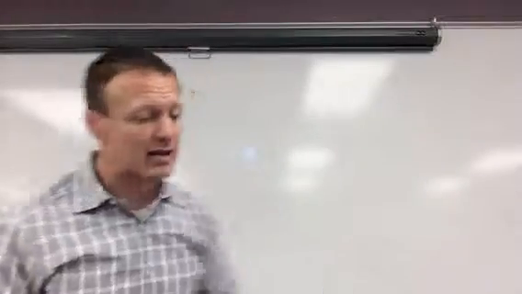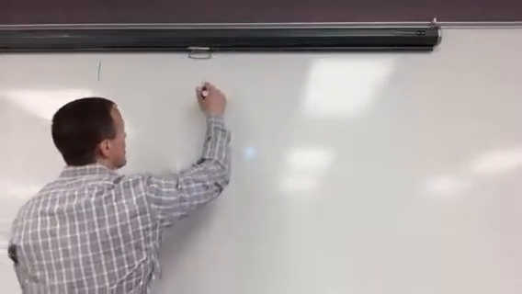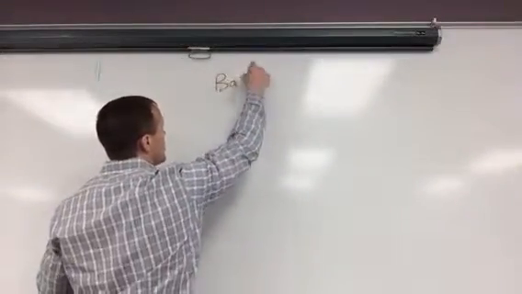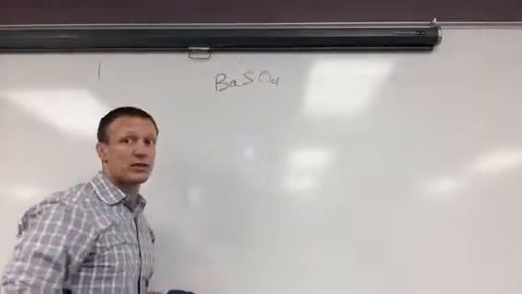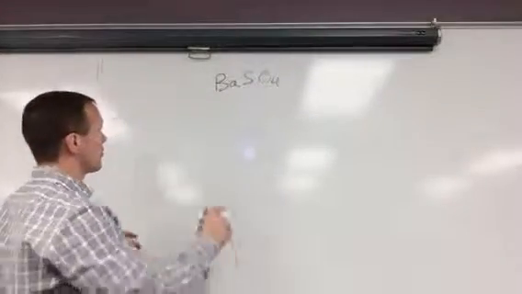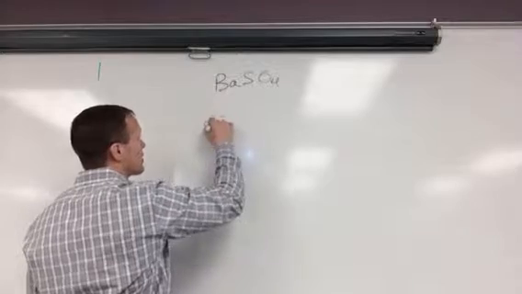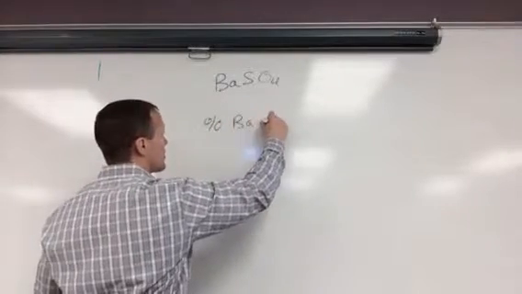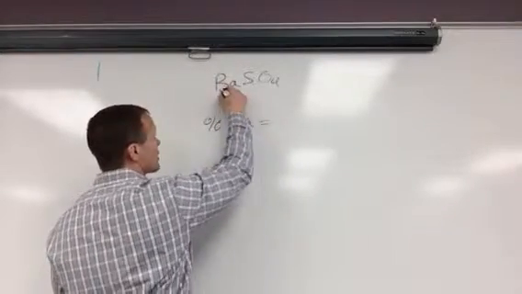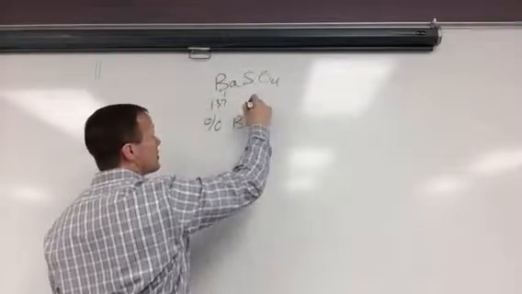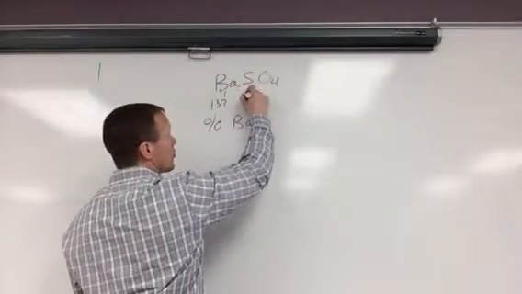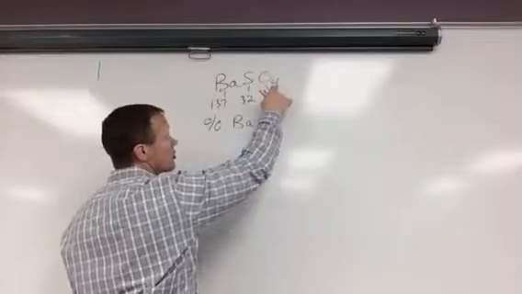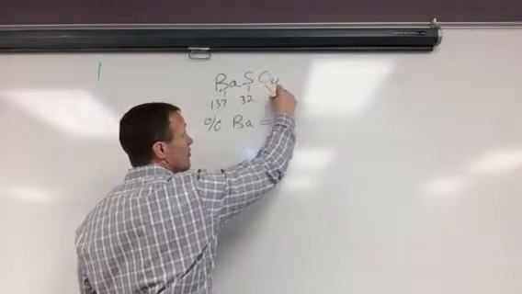So number 19 in your packet wants to know, if we have barium sulfate, what the percent is of each element in barium sulfate. To find the percent of barium in the compound, I would take barium's mass, which is 137 grams per mole. Sulfur is 32 grams per mole. Oxygen is 16 times 4, which is 64.